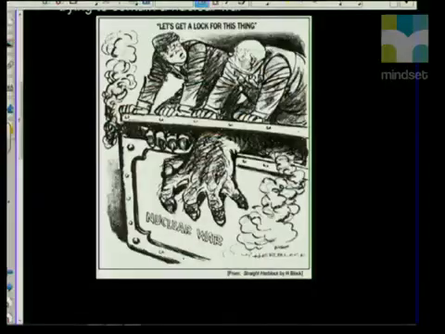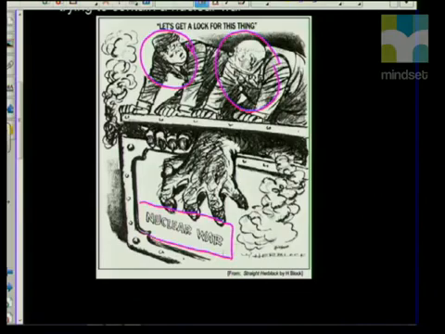So again, I'm just going to circle these figures so that you can see them. So the caption has already told you that this is JFK of the United States, and this is Nikita Khrushchev of the USSR. And then another thing that is a clue here is that in the box here, you've got the words written, nuclear war.